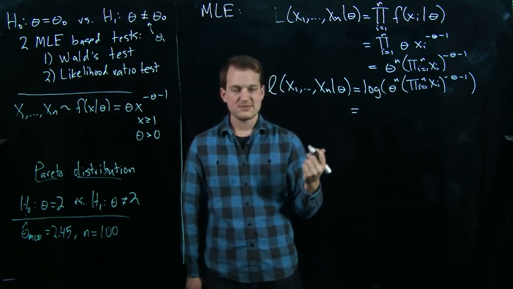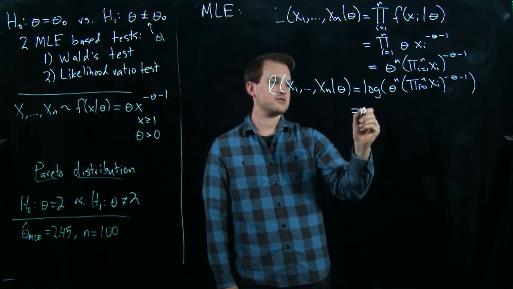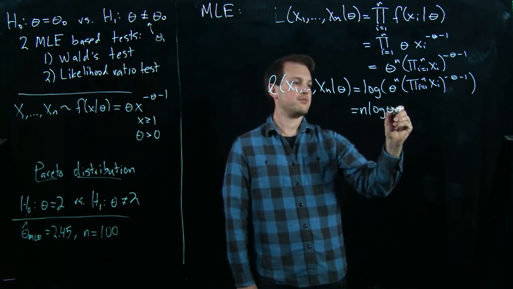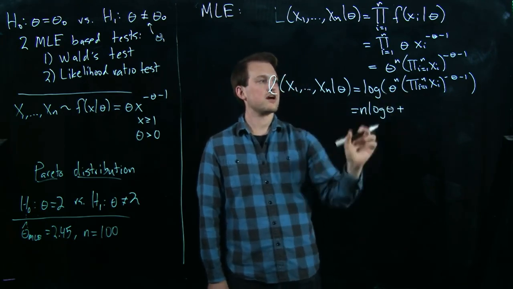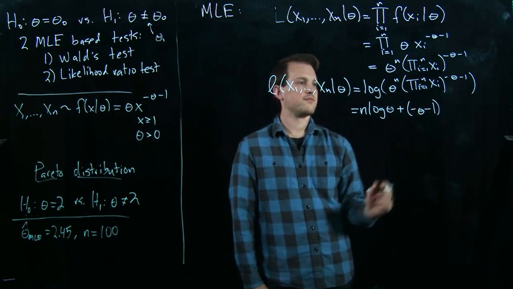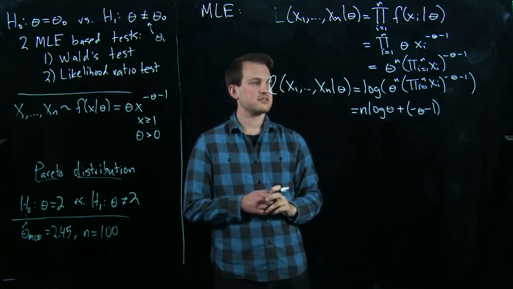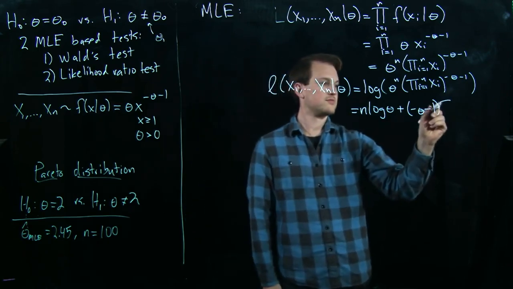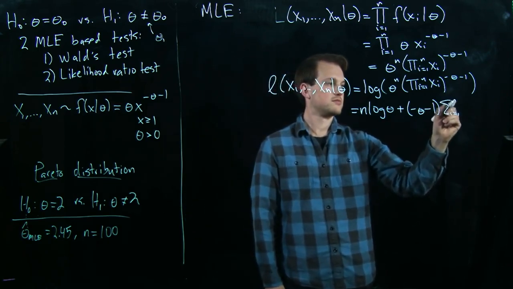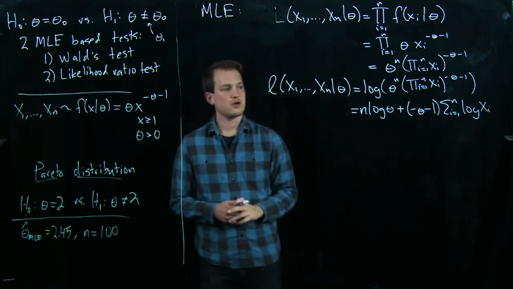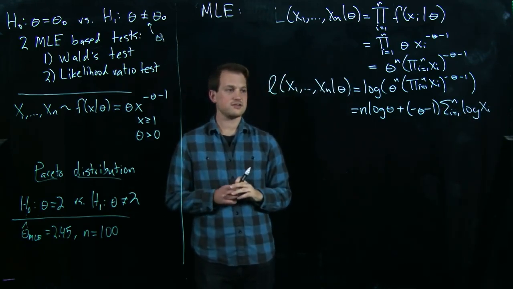So doing those two steps at once, you'll find that this is equal to n log theta plus, right, the log of this product term, bringing down that exponent, we get minus theta minus 1, times the log of this product, and the log of a product is again the sum of the logs. Okay, so this is our log likelihood function.